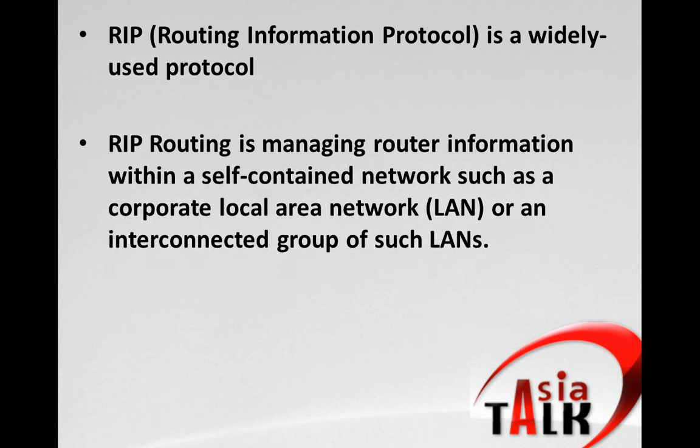RIP routing manages router information within a self-contained network such as a LAN or corporate LAN or an interconnected group of LANs. Usually RIP routing just sends information across the network to different routers located in different geographical locations. What do I mean by different geographical locations? For example, one of your routers is located in Kuala Lumpur, another router is located in JB.